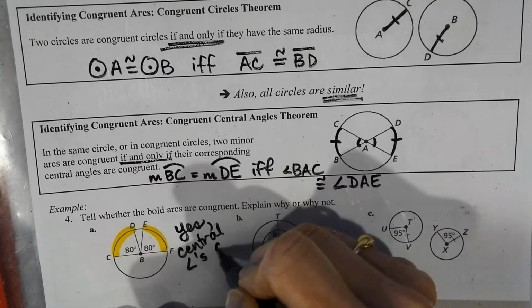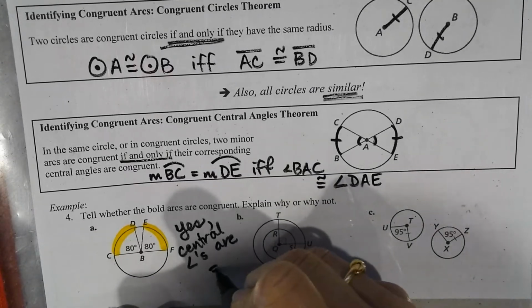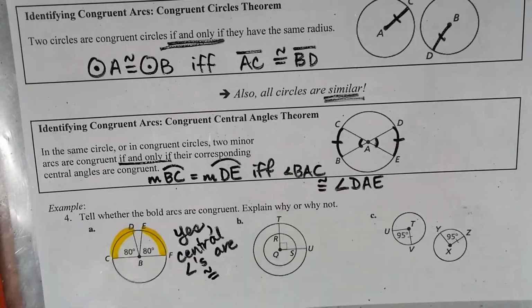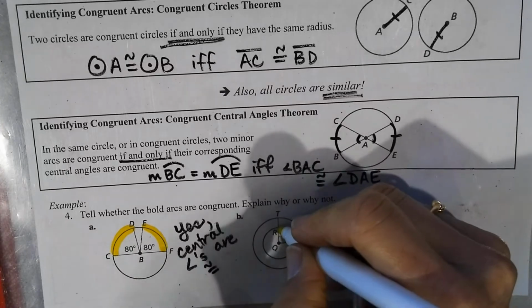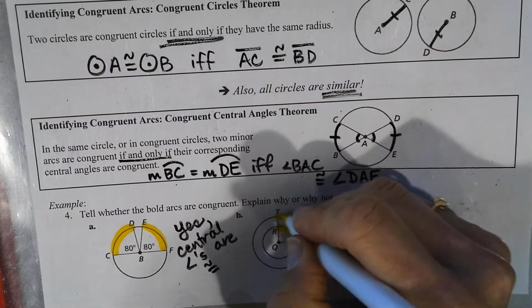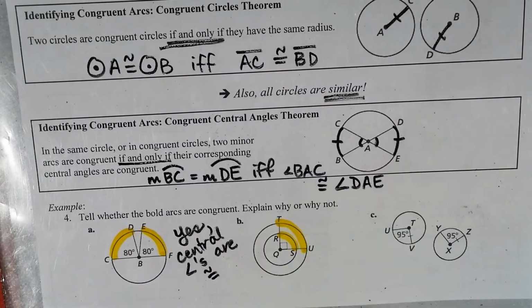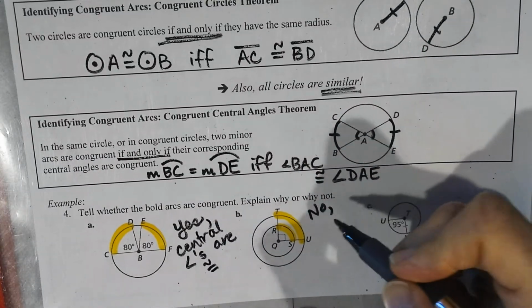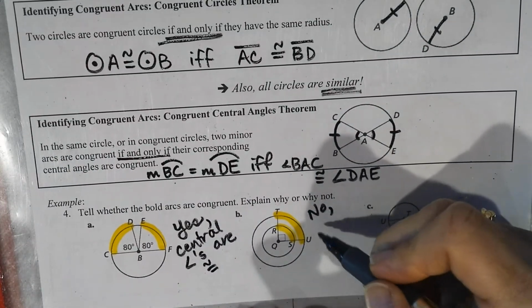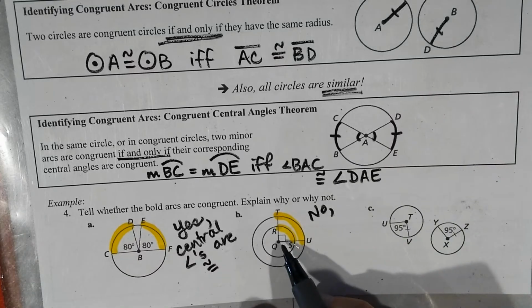Because their central angles are congruent. Okay, now this one, the bold arcs, this one here, and this one here. I would say, well, are those congruent? Are they the same size and shape? And then you would say no. They do have the same central angle.